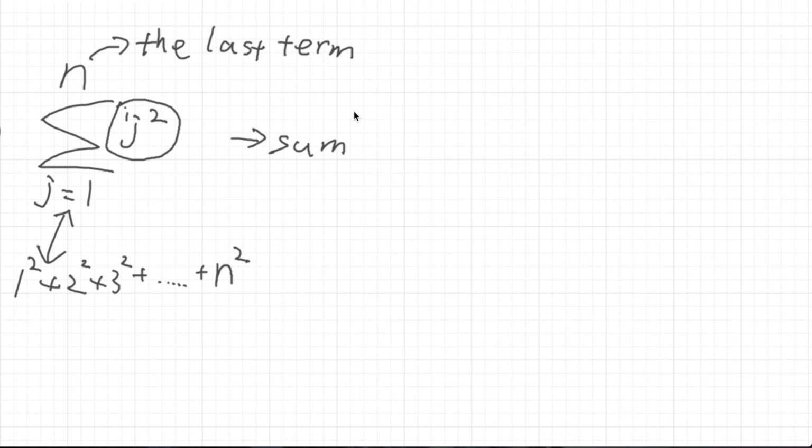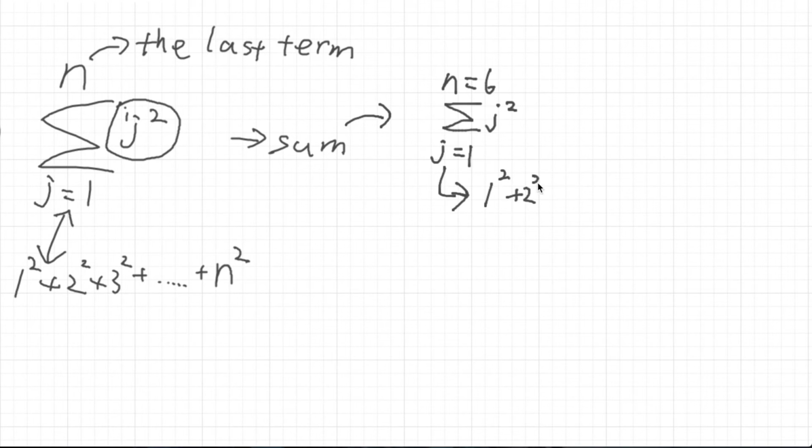So just like Mr. Barry said, if we make it specific and say that n is equal to 6, and then we write down the sigma notation where j starts with 1 and we keep the rule j squared, this whole thing represents the sum of the sequence 1 squared plus 2 squared plus 3 squared plus 4 squared plus 5 squared plus 6 squared.